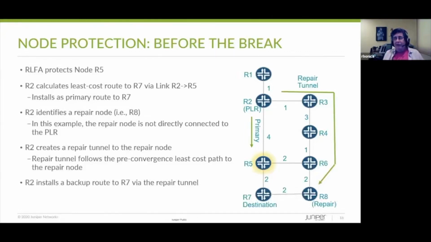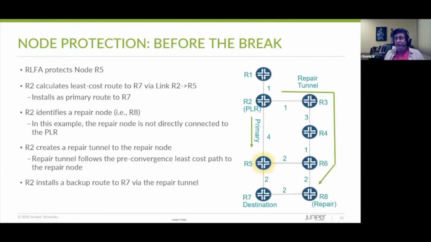Again, it calculates its least cost path through R2, R5. Then it identifies a repair node, but this time it can't identify R4, because if R4 were the repair node and the traffic were released at R4, R6 would send it across the equal cost multipath and you'd traverse R5. So in this case, there is only one candidate to be the repair node.